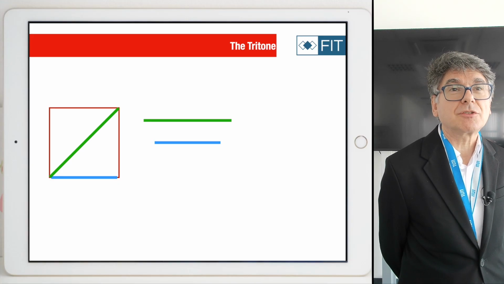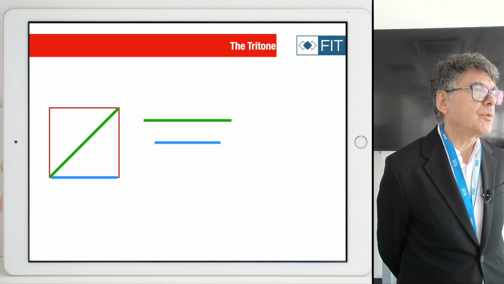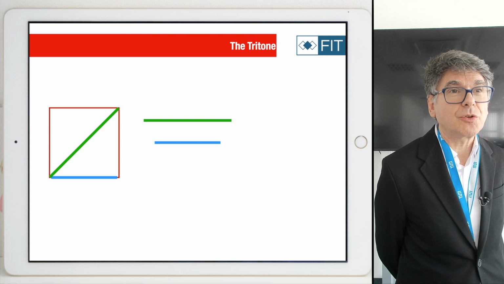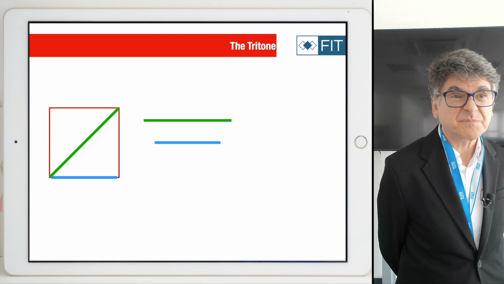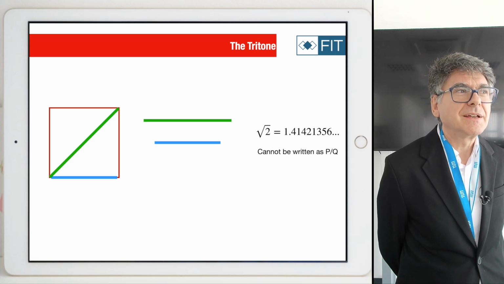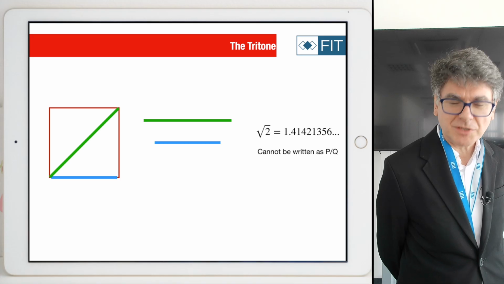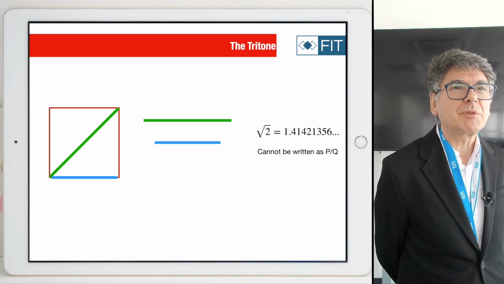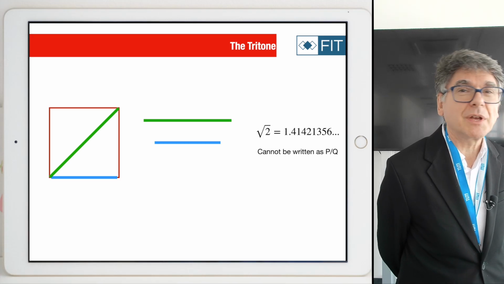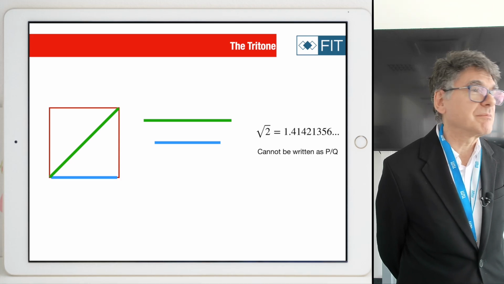You can have two piano strings, one being 1.42412 times the other. And you play them together, they don't sound very good. It's not a dissonance, they just don't sound very good. This cannot be written as P and Qs, where P and Q are small. You have to have very, very high P's and Q's to approximate it well.